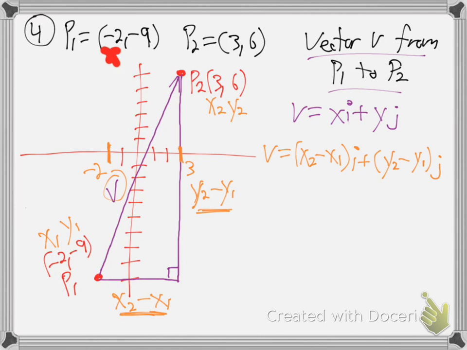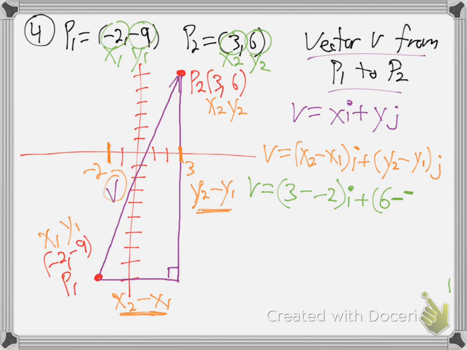So x1, y1, x2, y2. All right, here we go. Vector V is the difference in x values, so that'd be 3 minus -2, i, plus 6 minus -9, j.